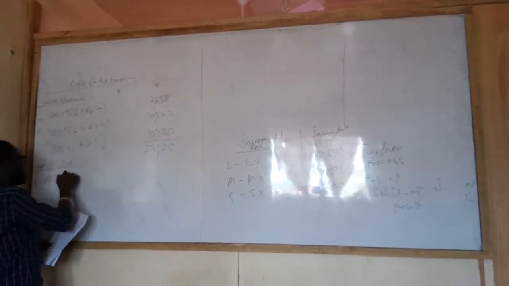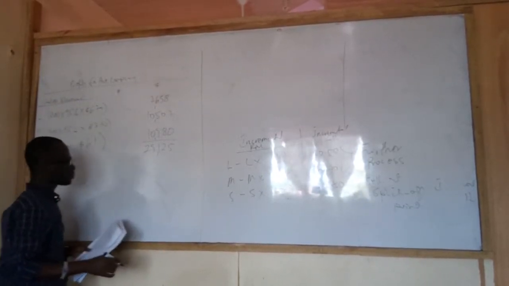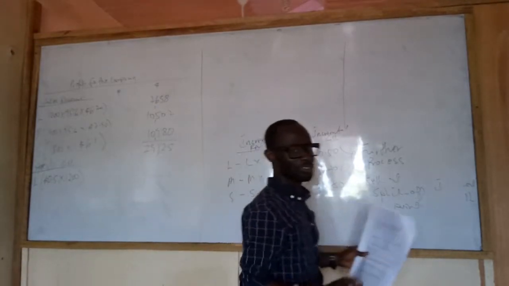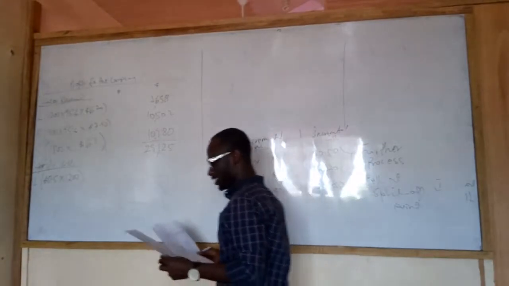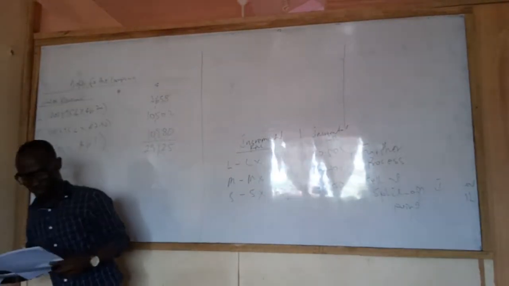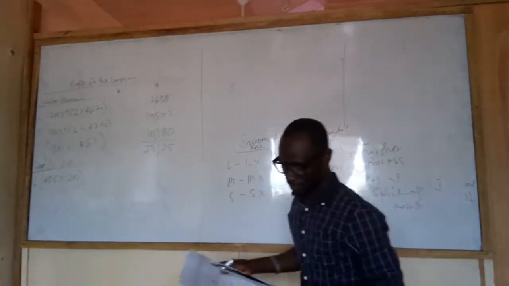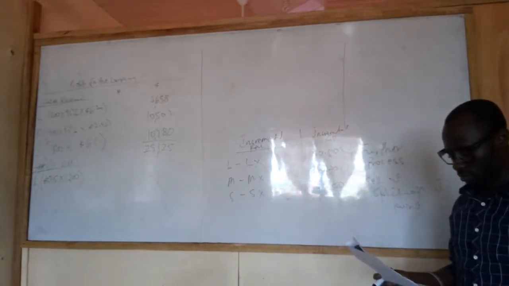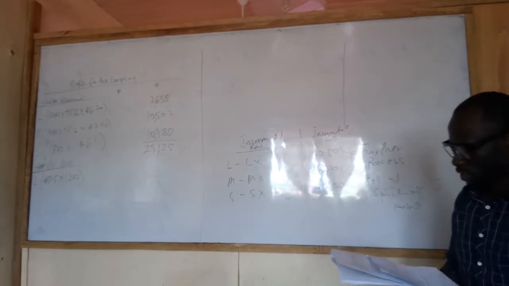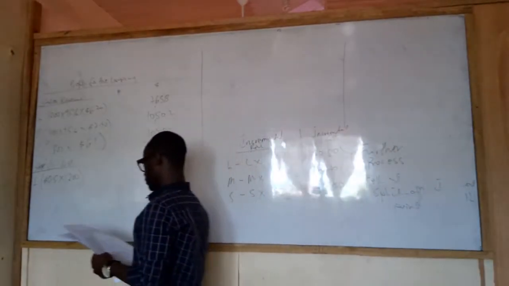So we have to multiply by the unit. 1,200. What do I have?